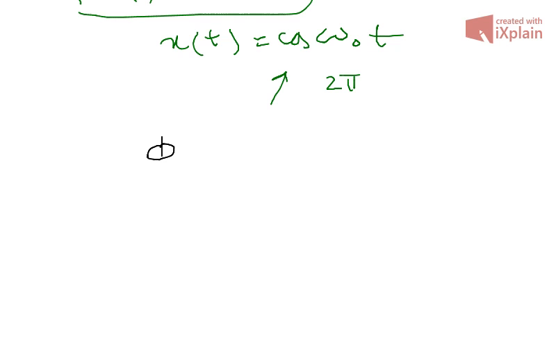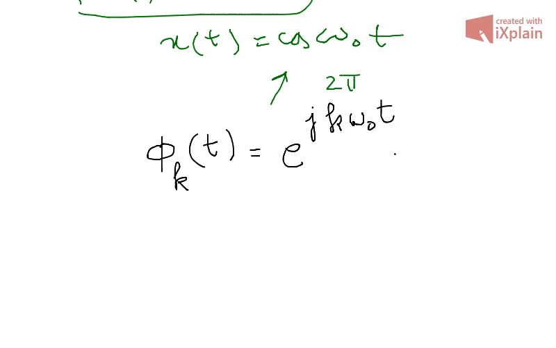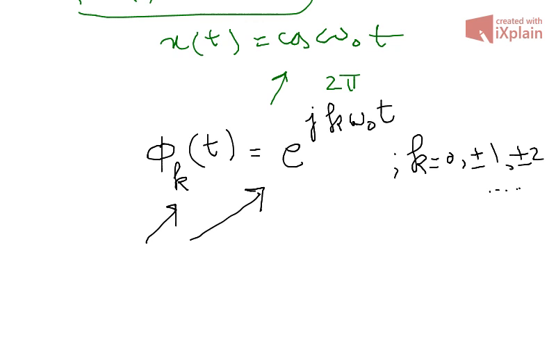You can also define a set of signals phi k of t, which is e raised to power j k omega naught t. Now you can say that my k may be 0, maybe plus minus 1, plus minus 2, and so on. You have multiple values of k, and you can always prove that all of these functions phi k of t, all of these signals, all of these waveforms are actually periodic.